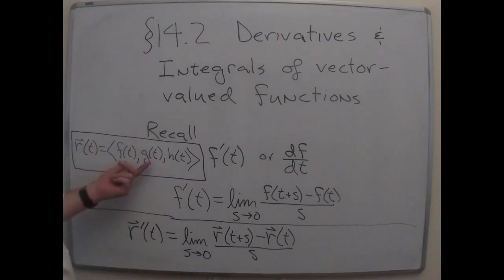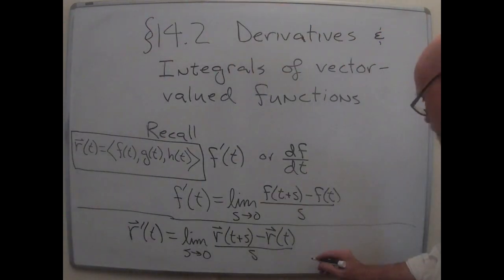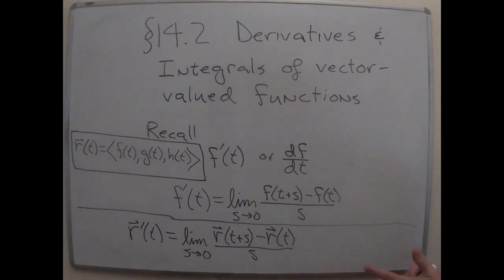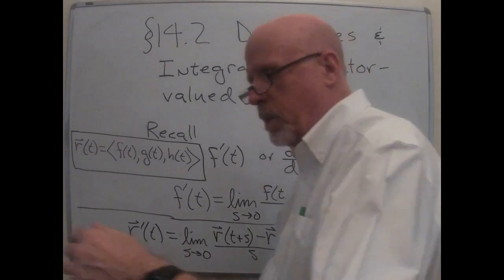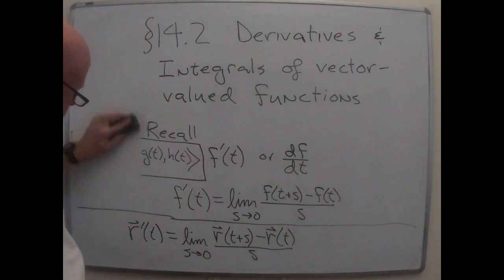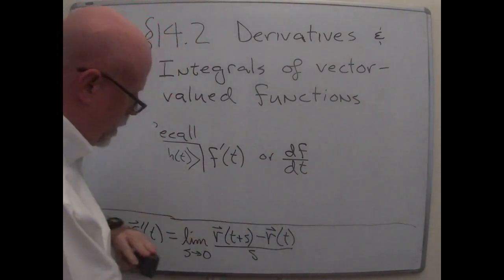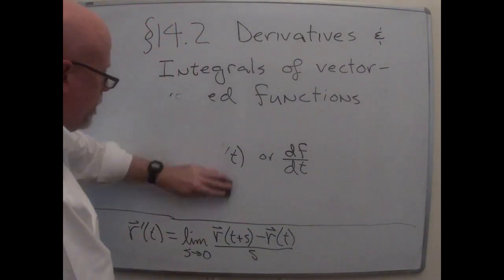Well, now if I finally re-express this in terms of the f, g, and h component functions, I don't know if I've got room for it, but no, there's no sense in me being this stingy with board space. Let me just do a quick erase, and we'll continue at the top of the board. I'm going to leave what's below the line there, though, so that we can refer to it.